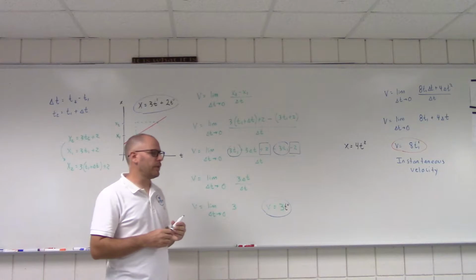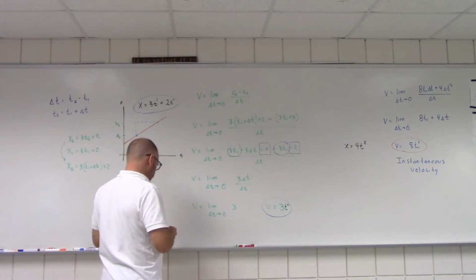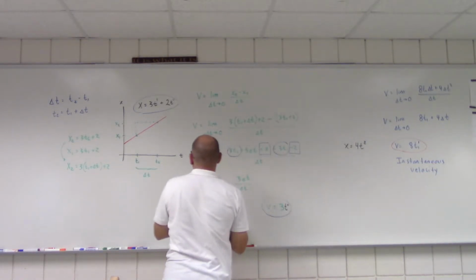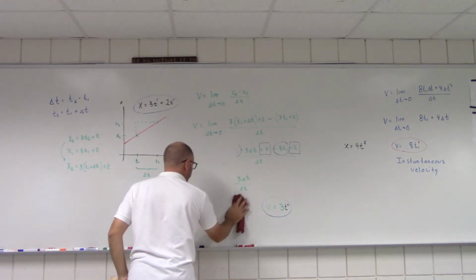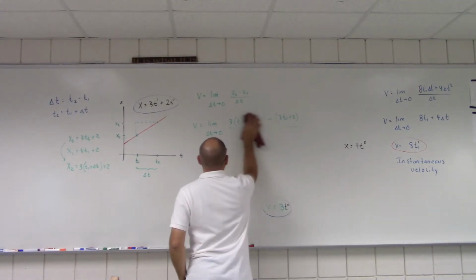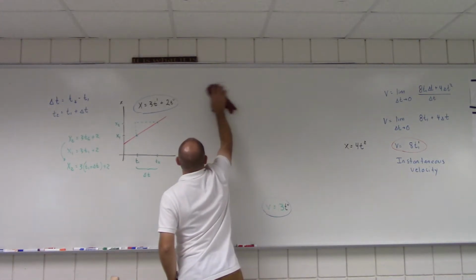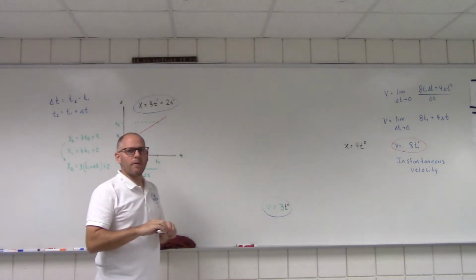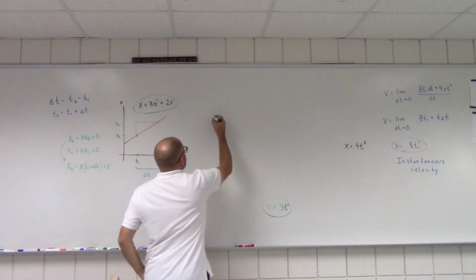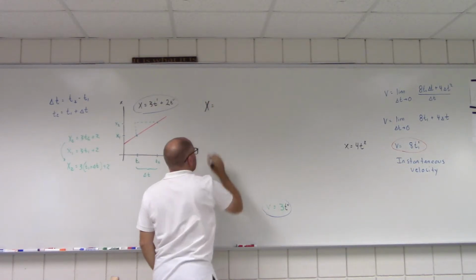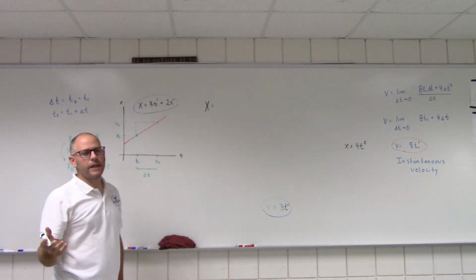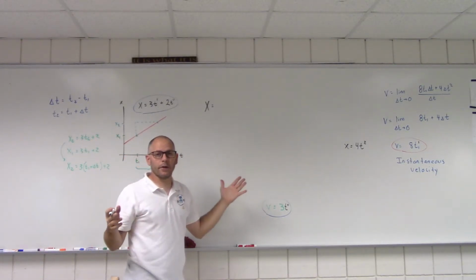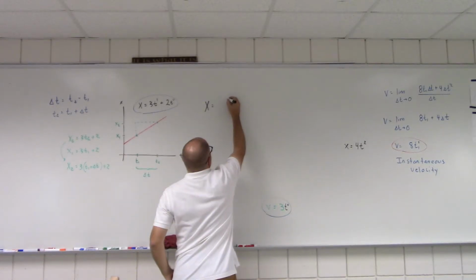And here's the algorithm. Let me see if I can make it easy for you. If you have a position function, which is t to some power, it could be t to the first, it could be t squared, it could be t to the third, I'm going to say t to the n.